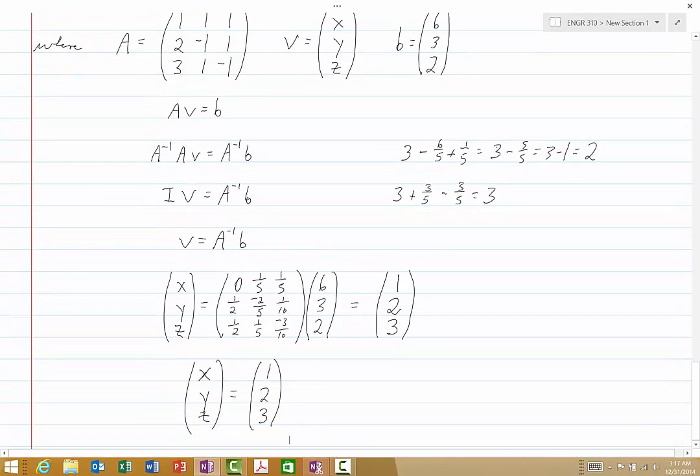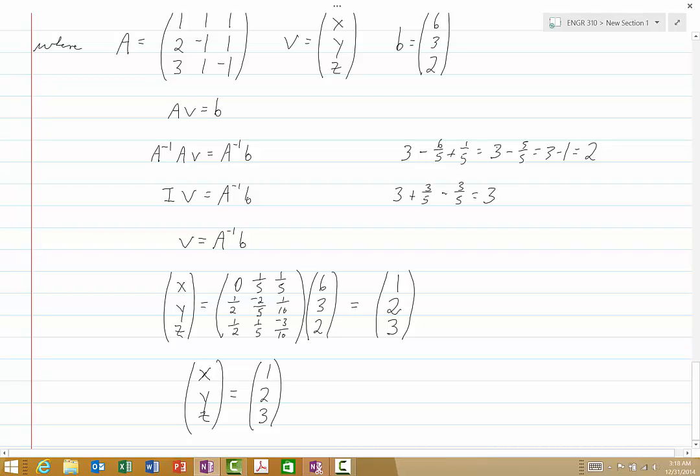But if you use this inverse matrix approach, then for every B, you just have to do the matrix multiplication, this final step, because you already have A inverse, and to get your answer, you just have to have A inverse B. So for every new B, you just plug it in, do the matrix multiplication, and you're done. So that would be an example of a situation where this method would be more efficient.